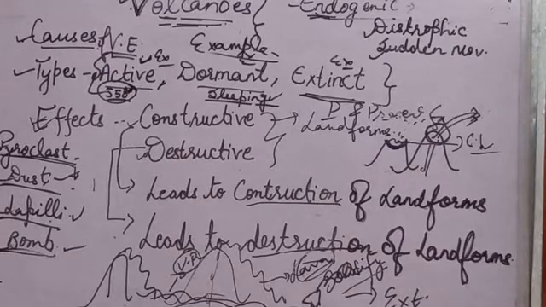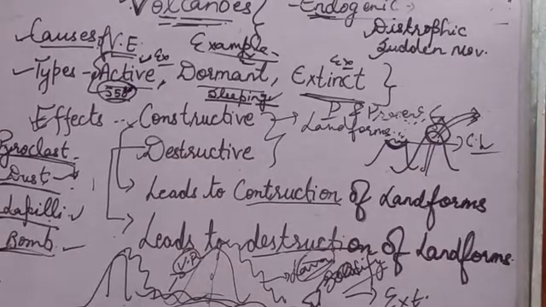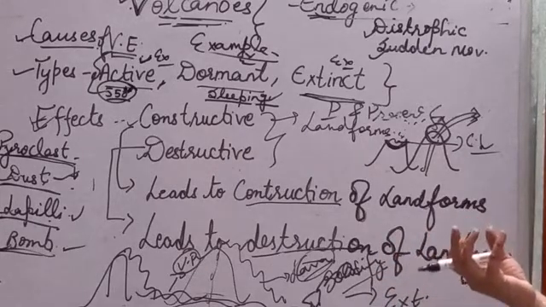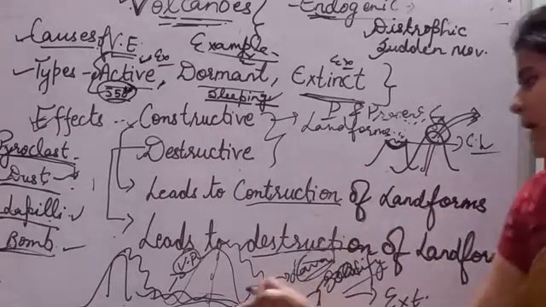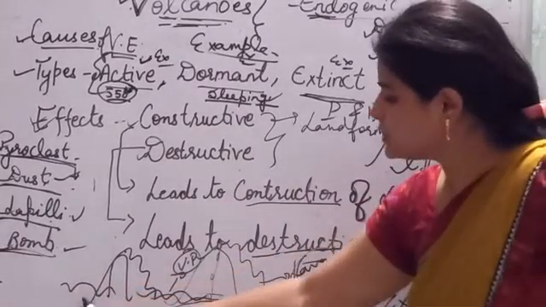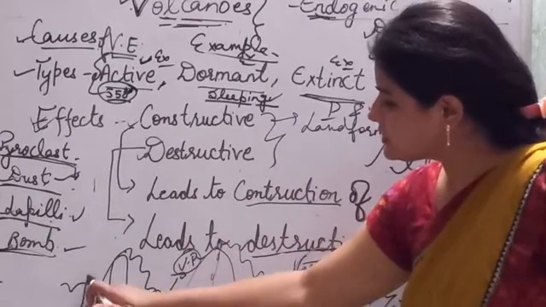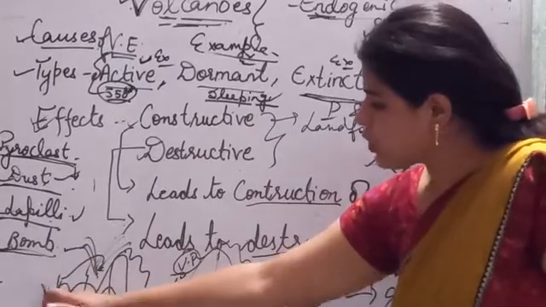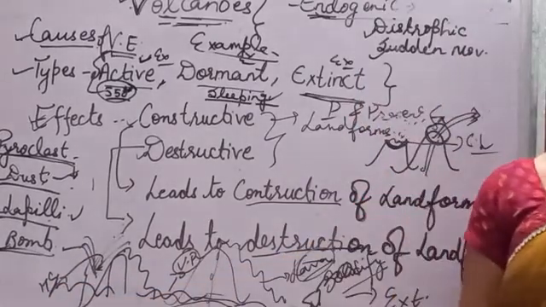Then hot springs and geysers are also constructive effects. Hot springs: when the molten magma comes out, the earth's heat comes out through the fissures of the earth. Generally, the water inside the surface of the earth, which has percolated inside, comes out as hot water. This is known as a hot spring.